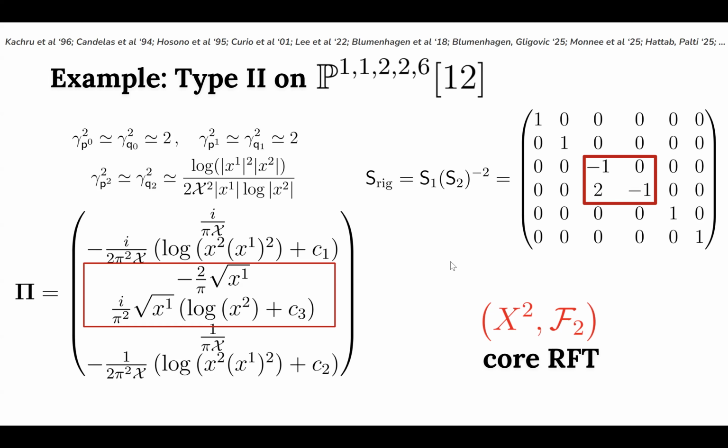For whoever is familiar with this example, there is no surprise here. The rigid theory in question is Seiberg-Witten theory. This is supported on the ALE surface on which the K3 degenerates along the limit.